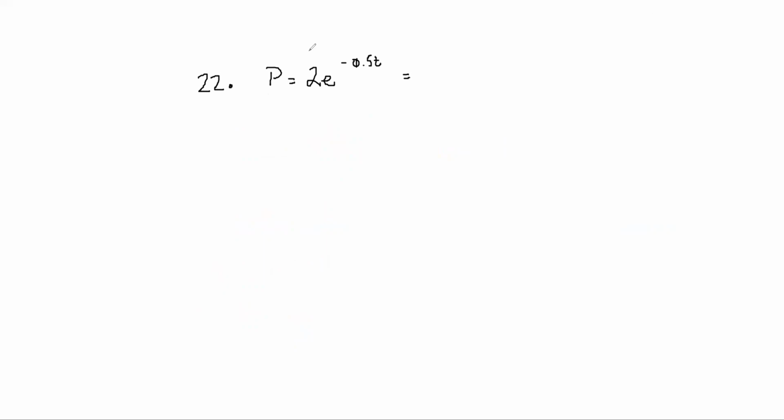We're going to identify our P naught, and we know our k is equal to negative 0.5. So if we're going to put this into the form P naught a to the t, we're going to put it in like this.